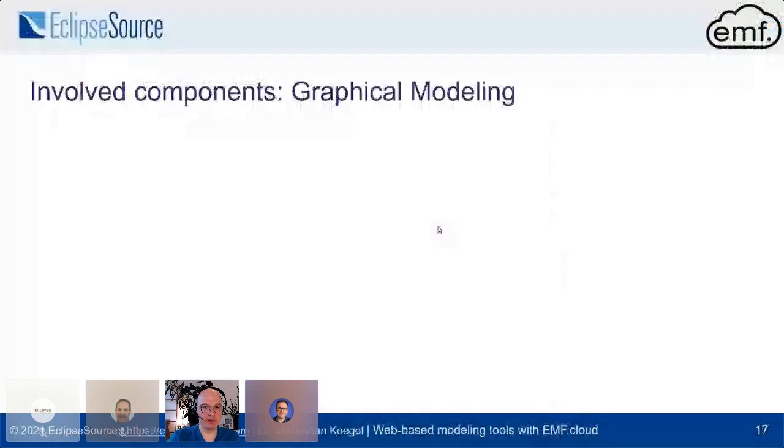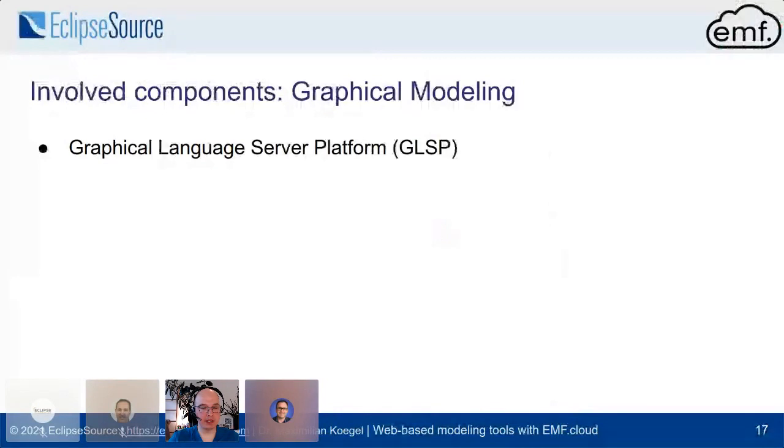The involved component for building the graphical modeling in this case is the Graphical Language Server Platform, GLSP. And at this point, this is another Eclipse project. And it is like LSP for graphical editors. I'm not sure whether you're familiar with the language server protocol. The idea of the language server protocol, which we will also use later on, is that you can build a textual editor for writing source code without knowing the specific details of the language that this editor is later going to edit.